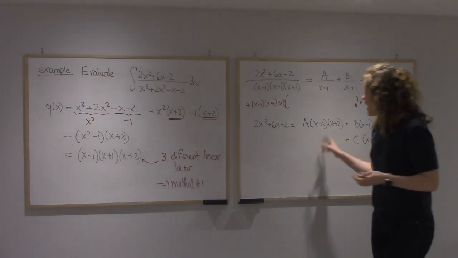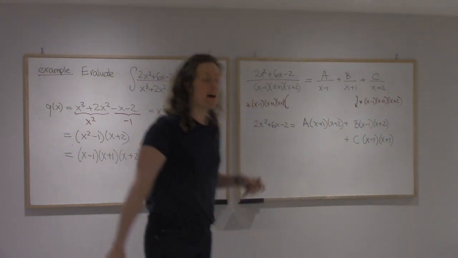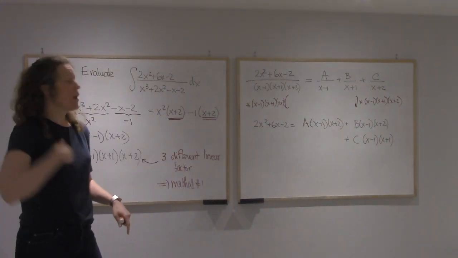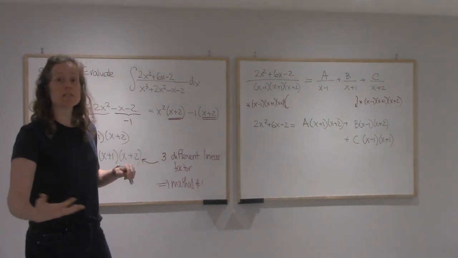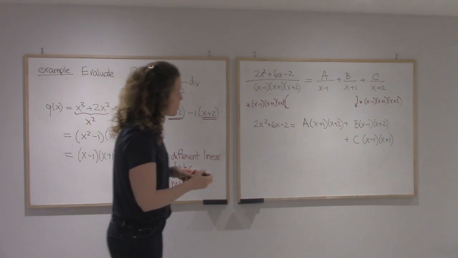Now I want to figure out a, b, and c. I can plug in whatever value of x I want into this. What I'm going to do is plug in the smart values, so the values that give me a lot of zeros on the right-hand side.